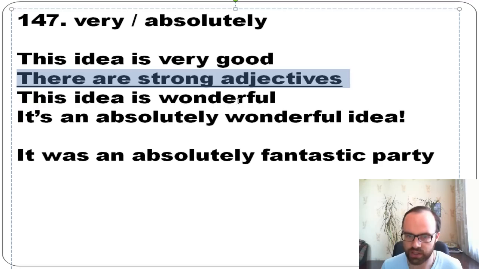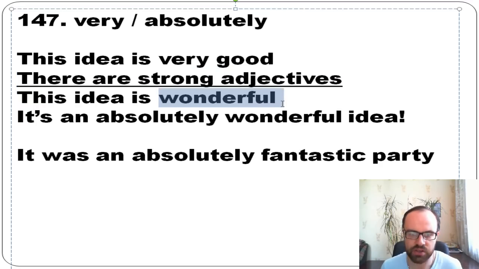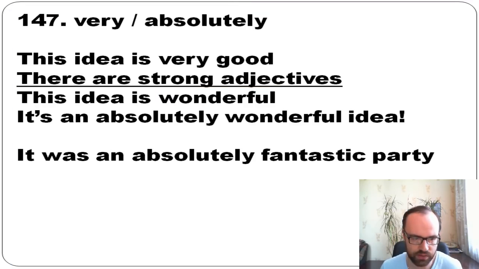So, what is a strong adjective? For example, wonderful. You can say this idea is wonderful. But it's a strong adjective, and you can't say this idea is very wonderful. You need to say this idea is absolutely wonderful, or it's an absolutely wonderful idea, or it was an absolutely fantastic party. So you need to use absolutely with strong adjectives.